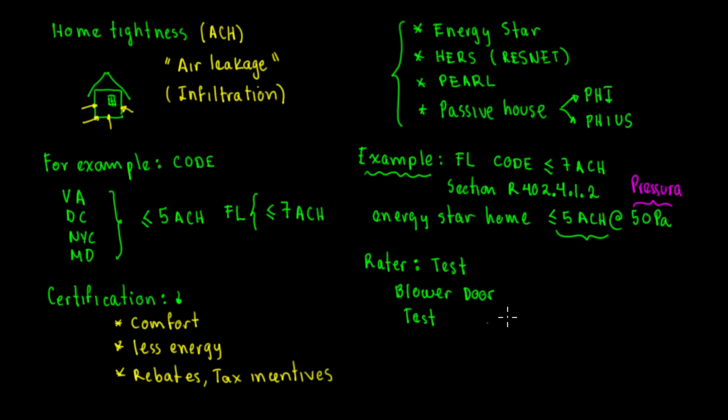And how does this work? The blower door test is going to be the following. If you have your house here, I'm going to make this a little bit better, a 2-story home, and then you have an attic, for example. At the main door, what you're going to put is a fan. You're going to put in here a big fan, in pink, that covers the whole door, and then you're going to vacuum.